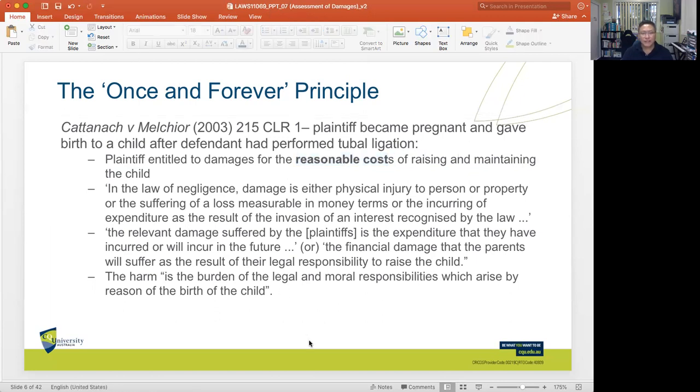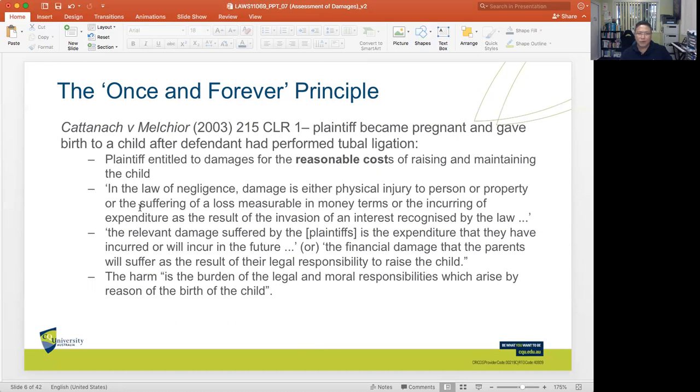And the court said that in the law of negligence, damage is either physical injury to a person or property, or the suffering of a loss measurable in money terms, or the incurring of expenditure as a result of the invasion of an interest recognized by law.